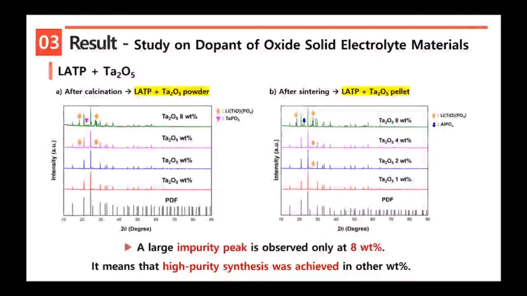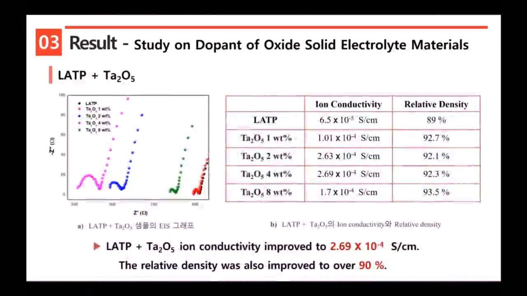Looking at the XRD of LATP with tantalum added, it can be seen that high purity solid electrolytes were synthesized at all weight% except 8 weight%. Looking at the EIS graph, you can see that the resistance decreased significantly compared to the base phase as tantalum is doped, and that doping with 4 weight% results in the highest ionic conductivity.